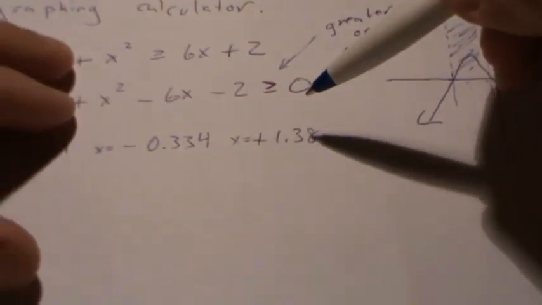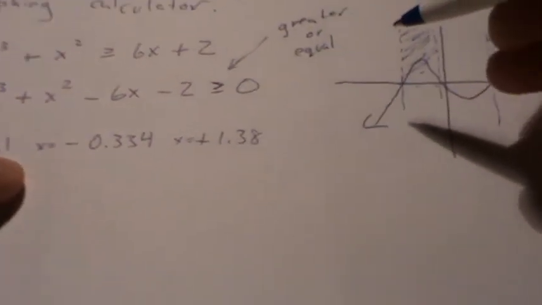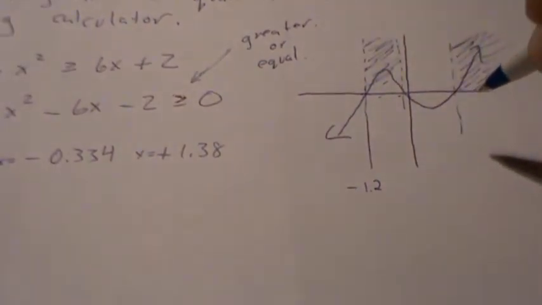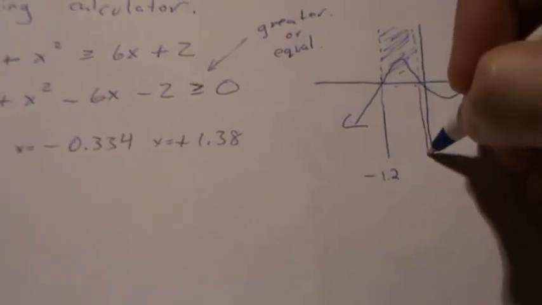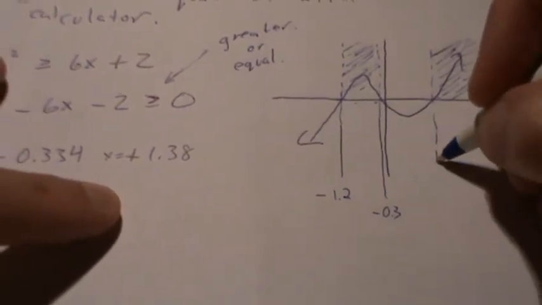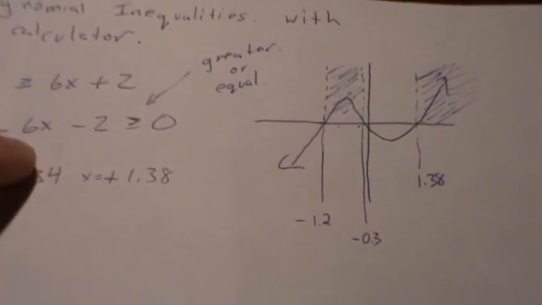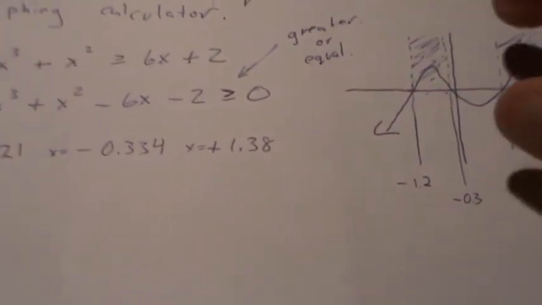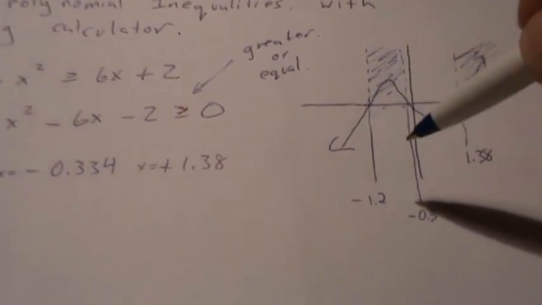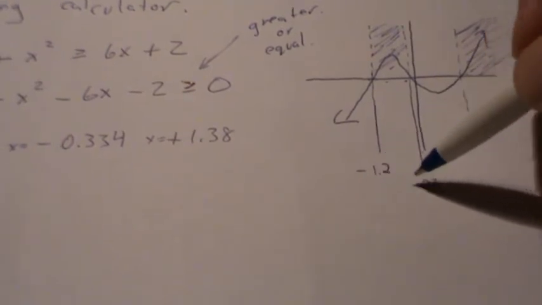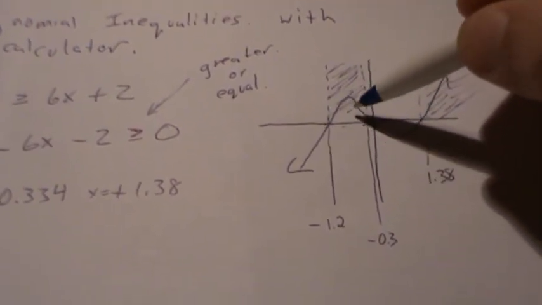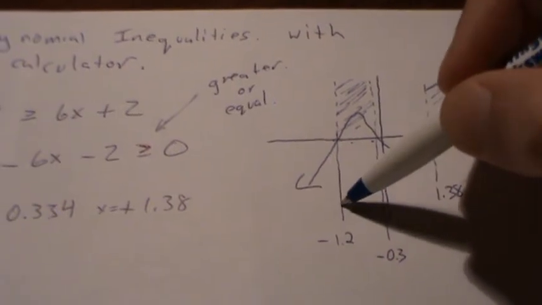And so, fortunately, I know these numbers. This is negative 1.2 right here. This is negative 0.3. And this one is 1.38. So I can actually write the interval in which they're greater than 0. The polynomial is greater than 0 when x is between these two values.